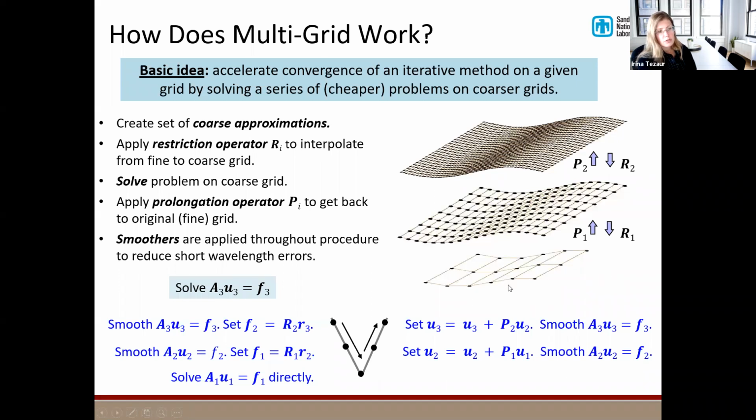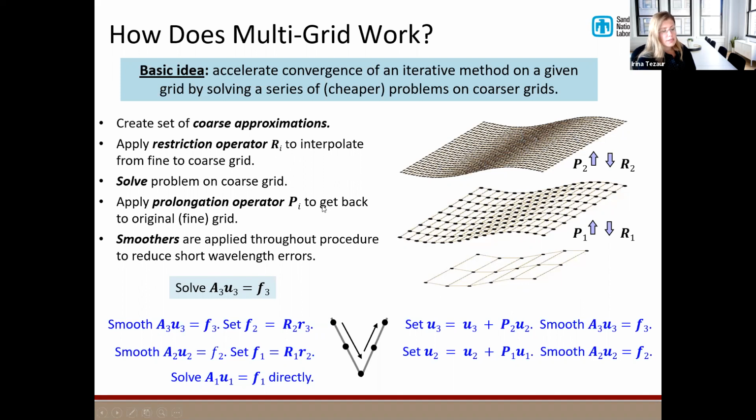You can usually do this using something like a direct solver, since this is going to be such a coarse, small problem. And then you apply the prolongation operator to get back up to the fine grid again, doing these smoothers to smooth out various components of the error. And you're essentially using this solution on the coarse grid, prolongated up to the fine grid, to precondition the fine grid problem.